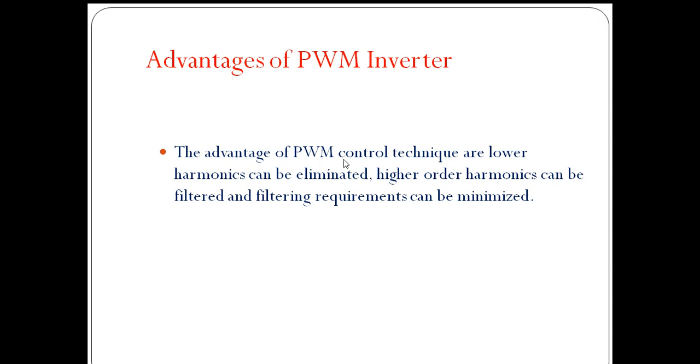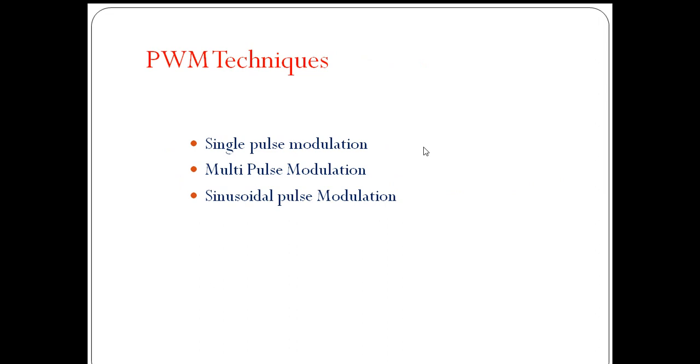Actually, by using this technique, the lower harmonics can be eliminated, and the higher order harmonics can be filtered by using fewer filtering components. The components required will be minimum in this PWM controlled inverter.